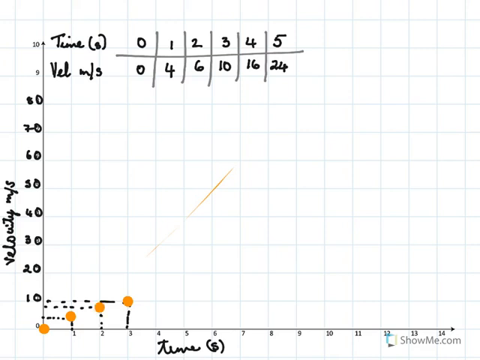Then time 3, velocity 10. Then time 4, velocity 16. And then time 5, velocity 24. I will join the points up, and if we were to join the points up, you'll get something like this.